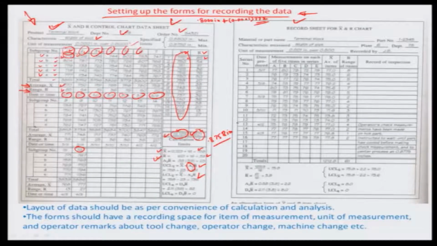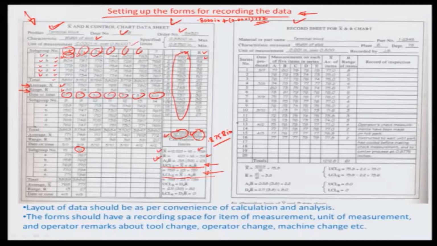As you can see here, the A2 value is giving the upper control limit. If you plug in X double bar plus A2 R bar, let us look at this UCLX value here. You have X double bar plus A2 R bar, and you also look at the LCLX value here, X double bar minus A2 R bar.